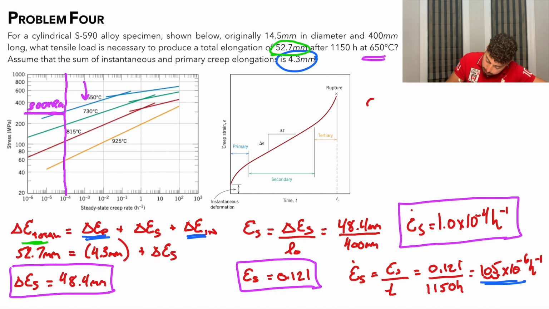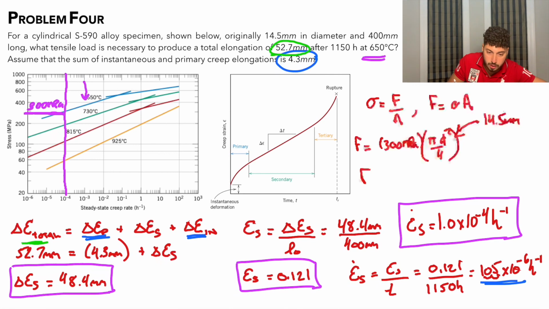Finally, we're going to get a force value which is equal to 49,539 newtons. So that's going to be our final answer to this problem.